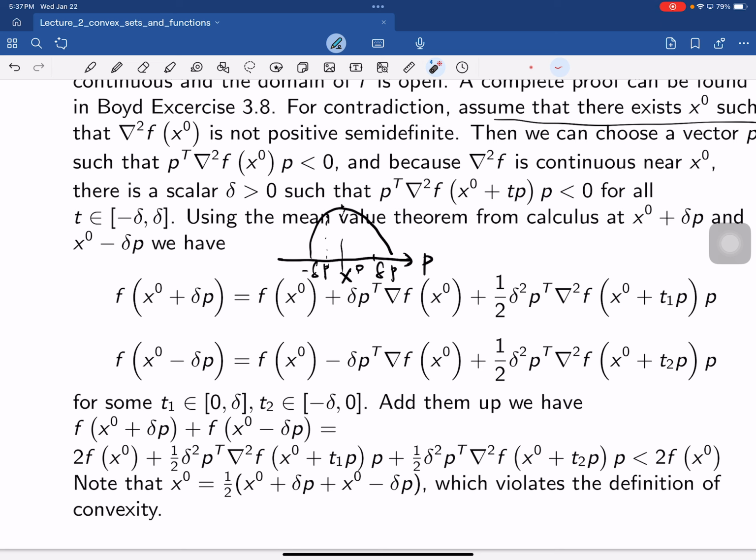It's easier to show it by the negation of this claim, where you only need to pick one vector that violates the PSD property, and show that a vector satisfying the non-PSD property gives rise to a violation of convexity. Then you know that convexity must imply the Hessian being PSD.